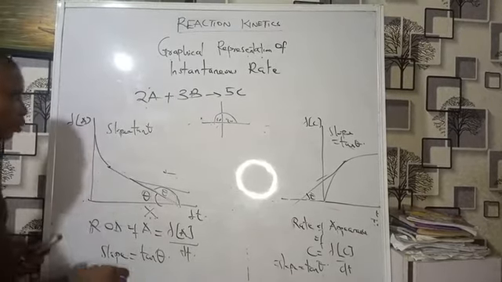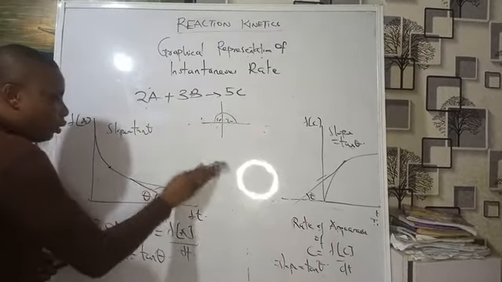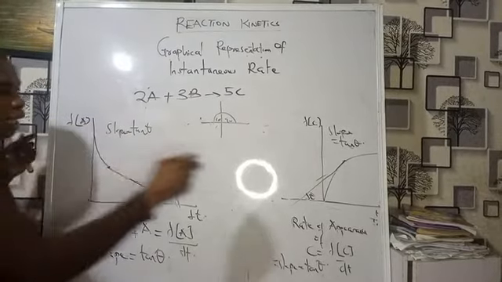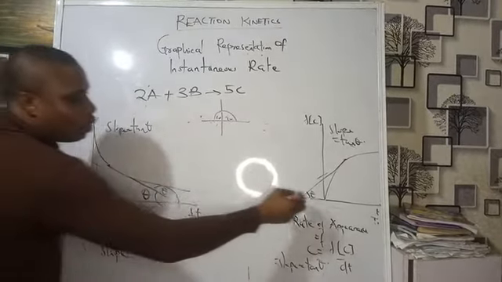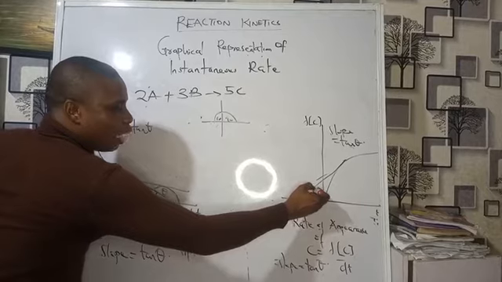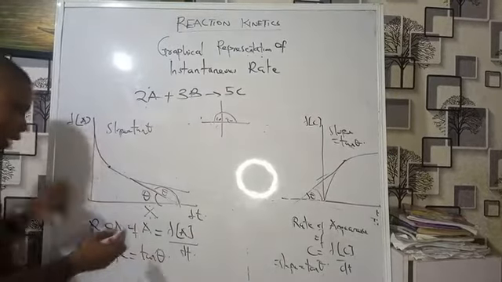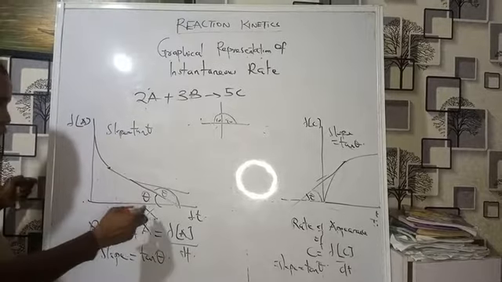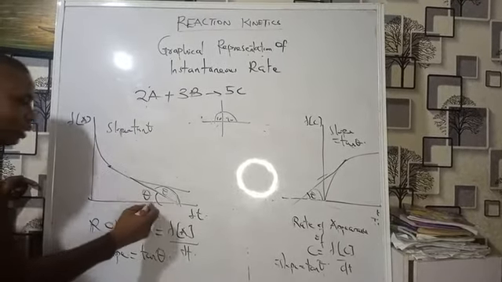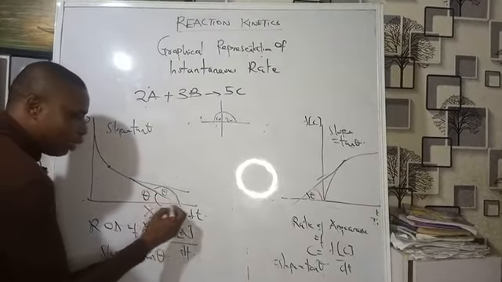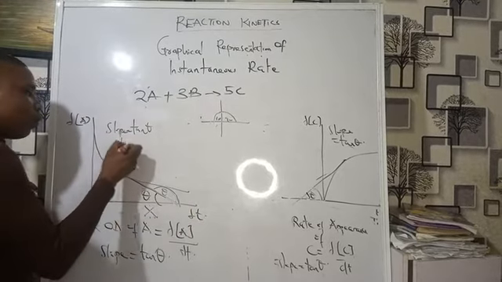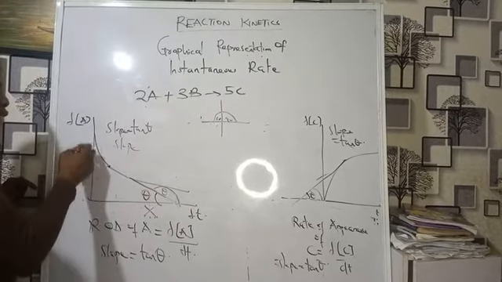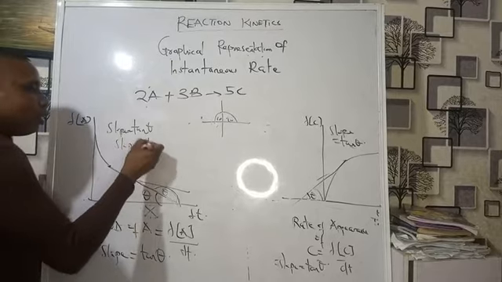So in this case now, if we are given a question, look at this theta here. The angle we are talking about is the angle. So now let me just show you something. If you want to look at the slope, I say it's tan theta, because this angle is on a straight line. So your slope for the reactant has to be what?